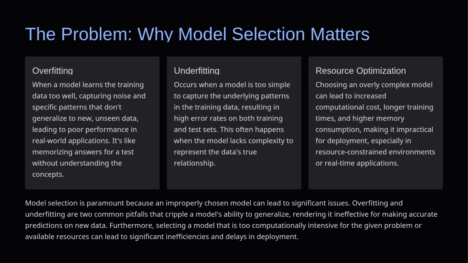Imagine trying to fit a straight line to a curve. And even if a model performs well, it may be too complex, and it may not be feasible to deploy due to high computational cost. So, ultimately, the model we choose must balance accuracy, generalization, and efficiency.